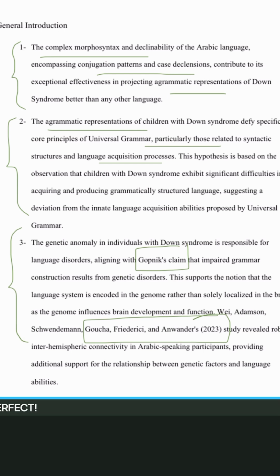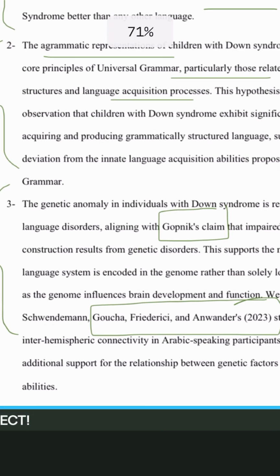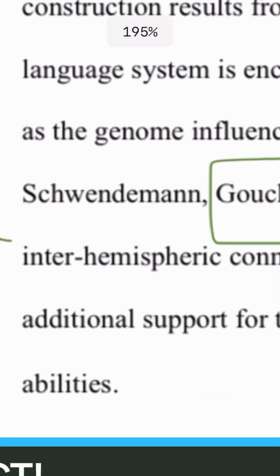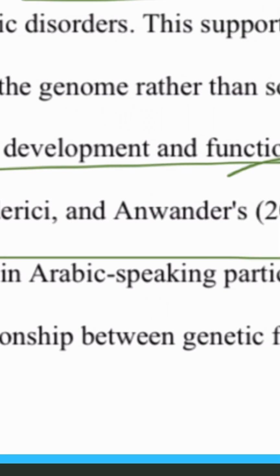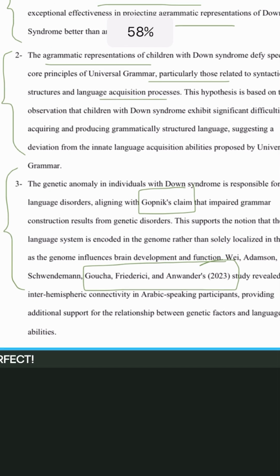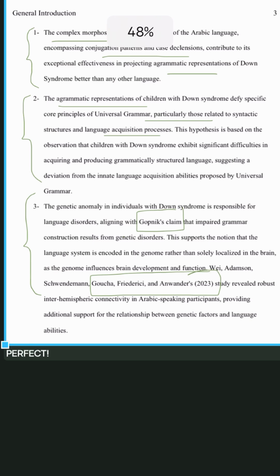And again, here we've mentioned a neurological part where we stated, where is it? The interhemispheric connectivity in Arabic-speaking participants, right? And so in here we are doing what? We are strengthening the biological basis. So the reference to interhemispheric connectivity, etc., helps to clarify the genetic and neurological mechanisms that we were hypothesizing, okay?